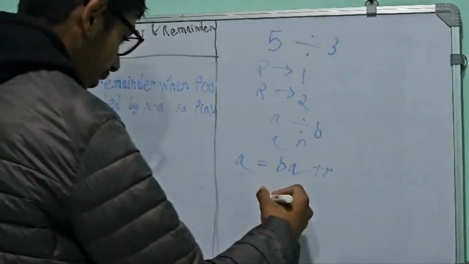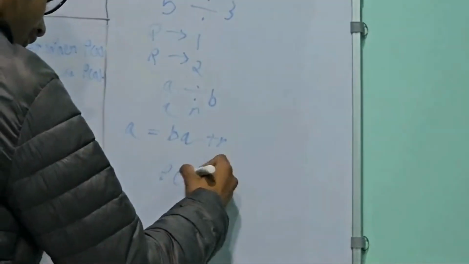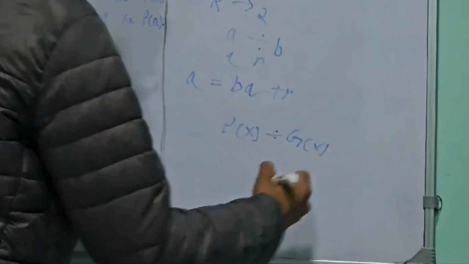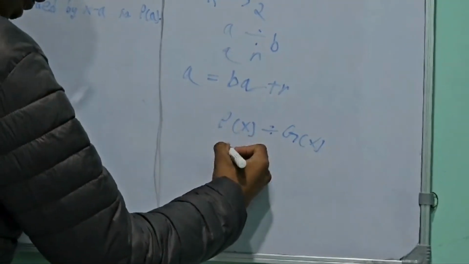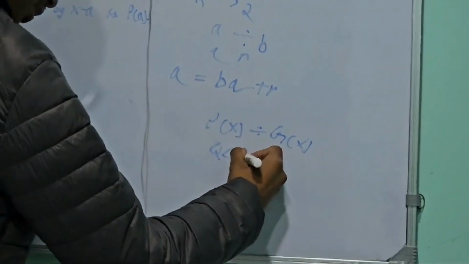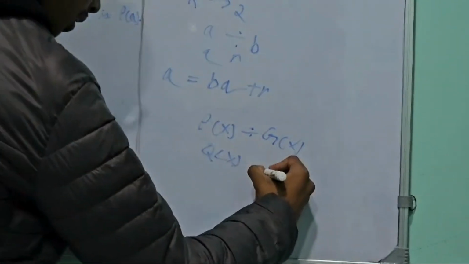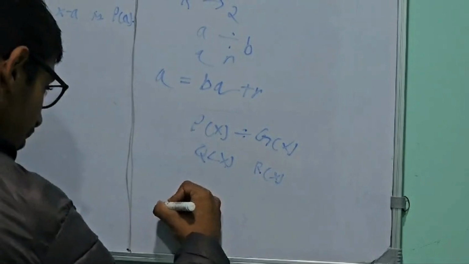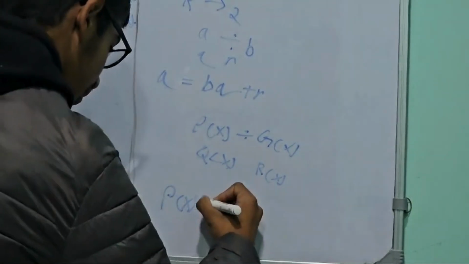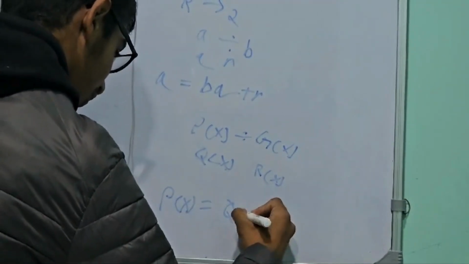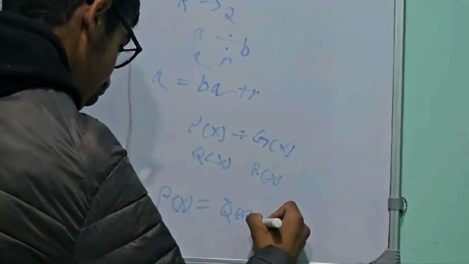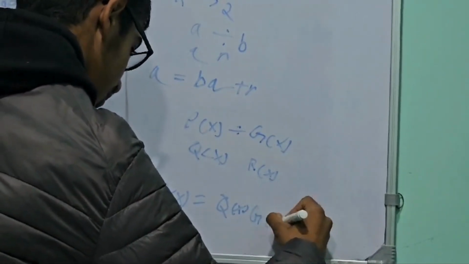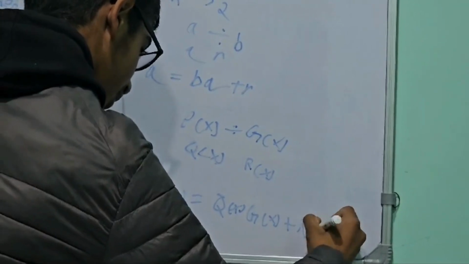So this basically states, when you divide p of x by g of x, you get a quotient q of x and a remainder r of x such that p of x equals q of x into g of x plus r of x.